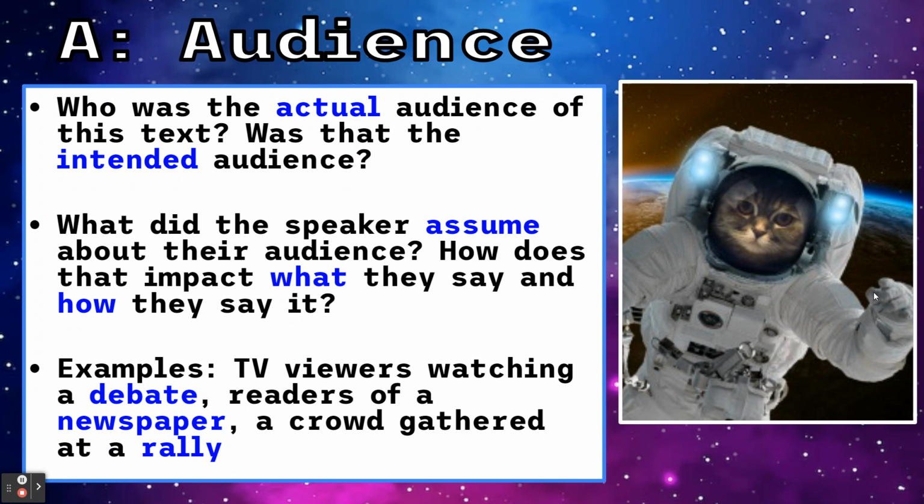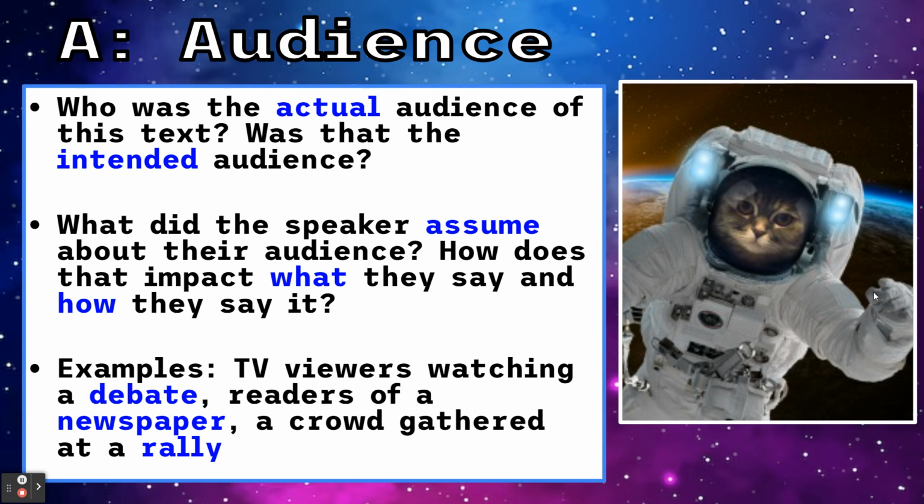A, audience. So two questions to keep in mind. Who was the actual audience of this text versus who was the intended audience? So is the actual audience the intended audience? What did the speaker assume about their audience?